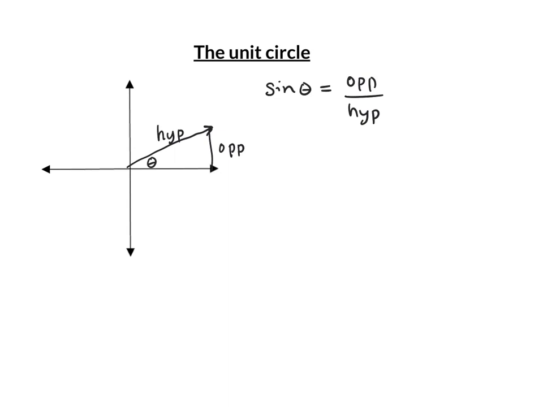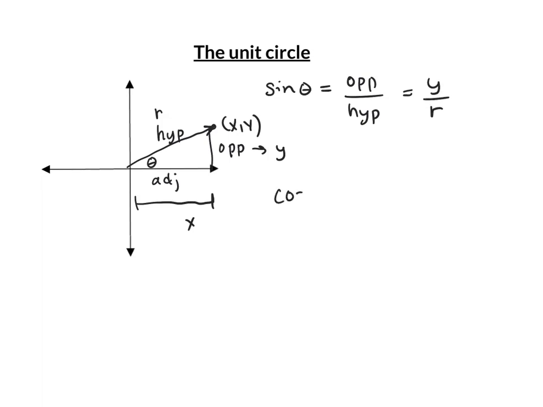And we see that the opposite is actually the y value of this coordinate. Remember, this coordinate is x comma y. And the adjacent, by the way, is the x of that coordinate up there. And the hypotenuse we'll call r, but it's the distance, Pythagorean theorem, all that good stuff. So if we look at opposite over hypotenuse, it ends up being y over r.